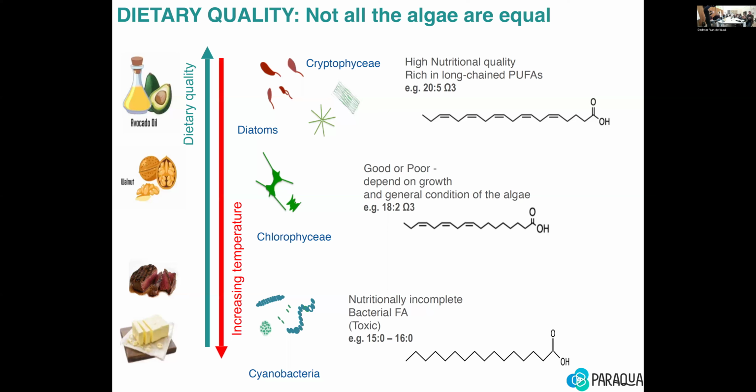That's the reason why I was mentioning before the current scenario, and that global warming is scary for many reasons, but also because the cyanobacteria, which are bacteria, prokaryotes, are known to be rich in bacterial fatty acids, which are highly saturated and even short chain, besides, of course, the presence of toxins, and are known to proliferate in warm environments.